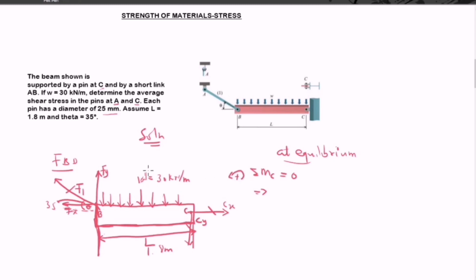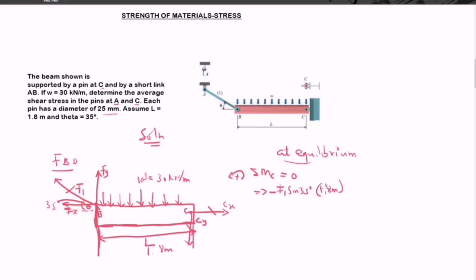Since it's moving clockwise, it's negative. So you're going to get negative F1 sine theta, and theta was given to us as 35, so sine 35 degrees. Then the distance it covers is 1.8 meters.